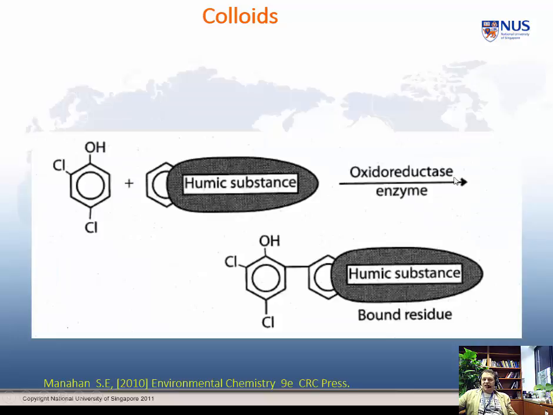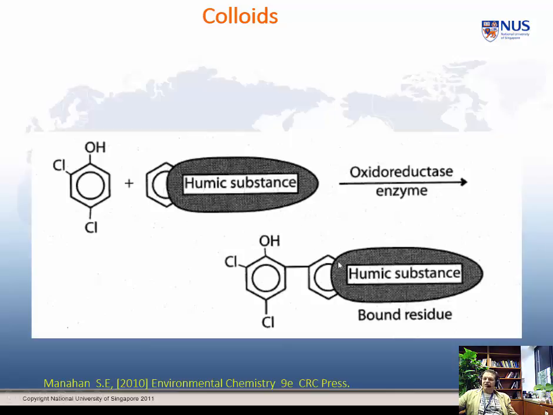Okay, last few slides, still on colloids. So humic substances are very good at tying up aromatic species, often using oxidoreductase enzymes, which are in the waters made by biological organisms.